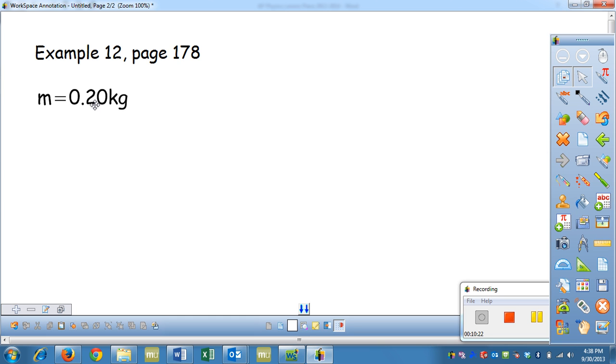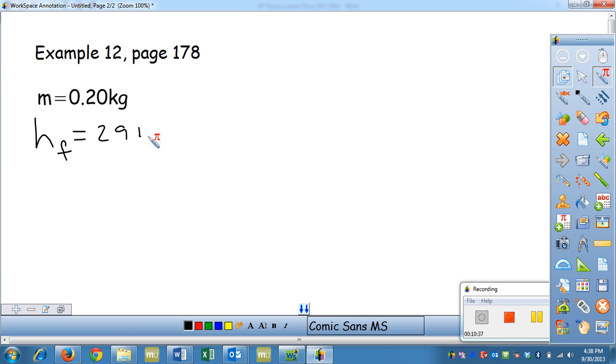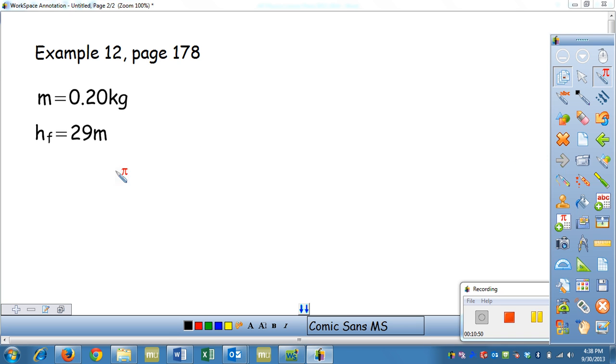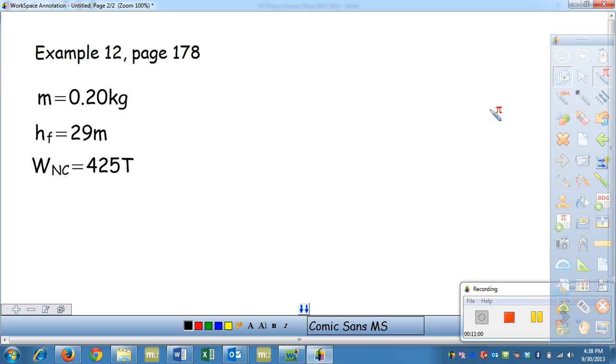It looks like H final equals 29 meters. Looks like the work done by non-conservative forces is 425 joules.